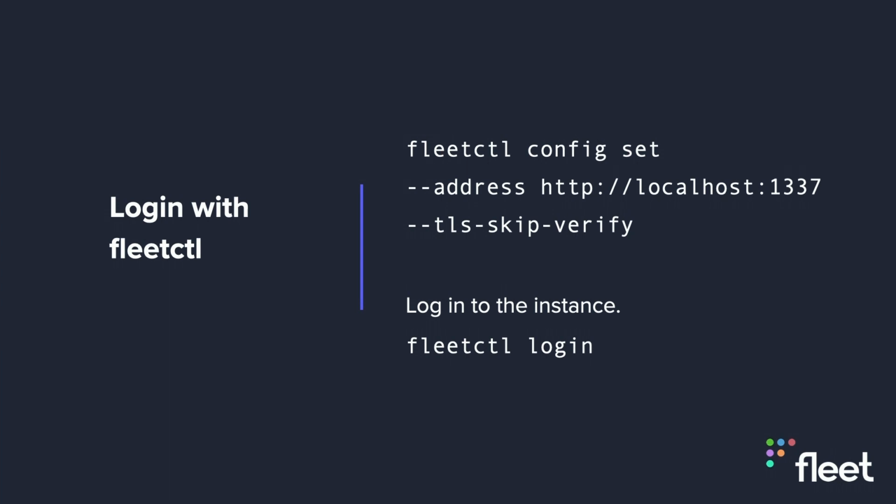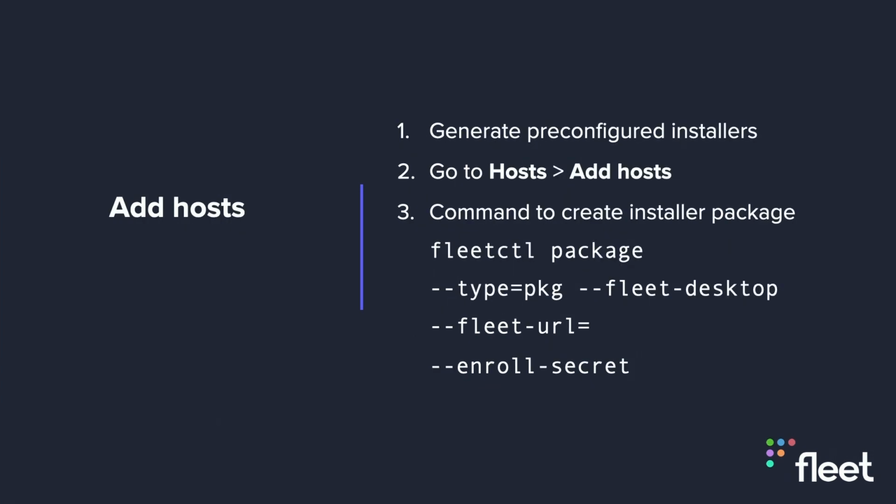Then we don't care about security on the preview, so we're just going to skip the TLS verify. At that point, you can do a fleetctl login and log into that environment using the admin credentials, admin@example.com, and the Fleet Elite login. So if you do want to play with the command line, that's how you can do that with the preview as well.